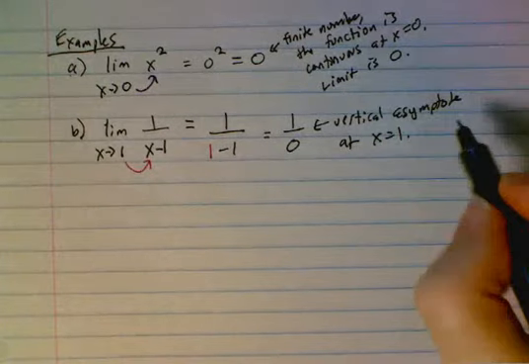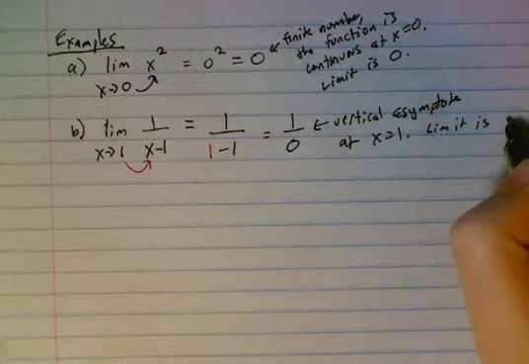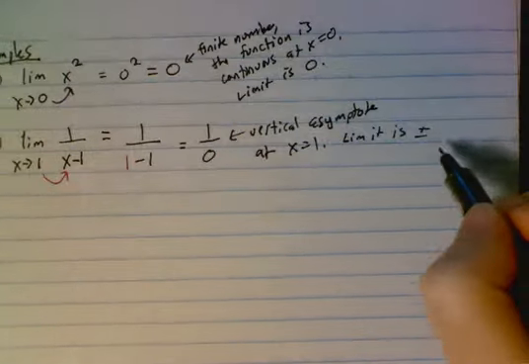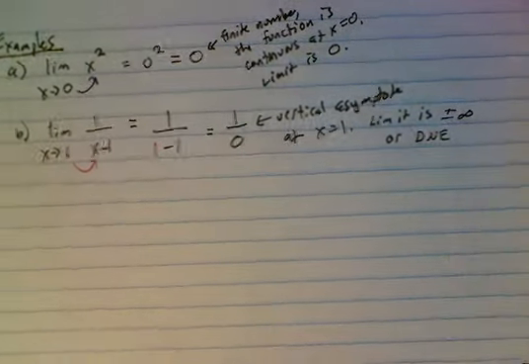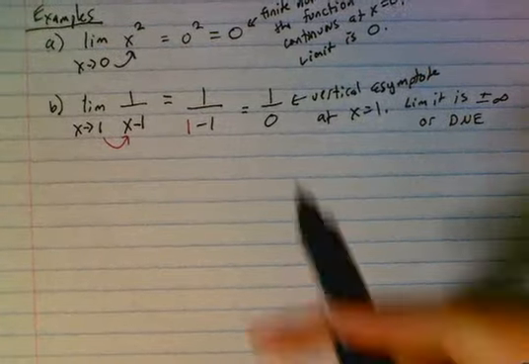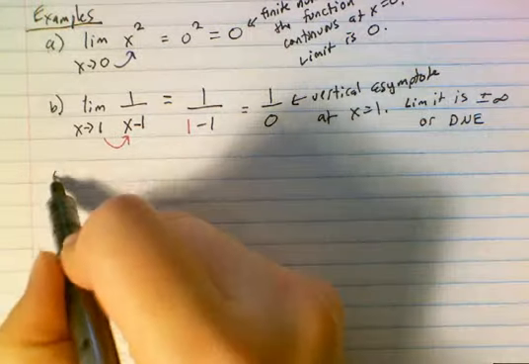That means the limit is either positive or negative infinity, or does not exist. We're going to go over, again, how to figure out which one of those it is. That'll be in the next lesson.